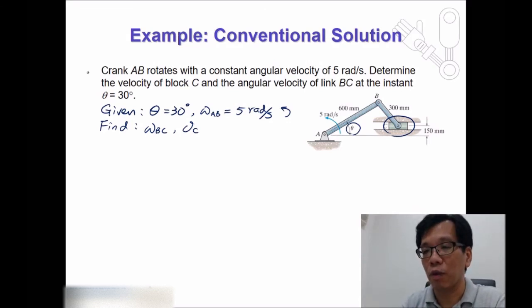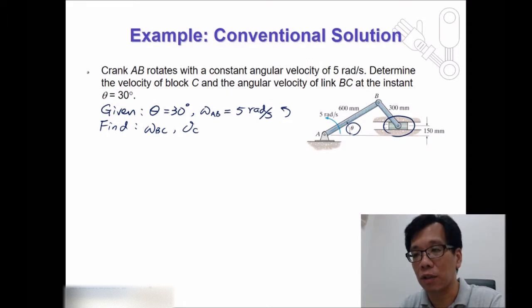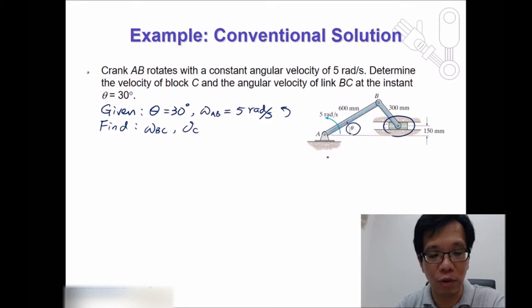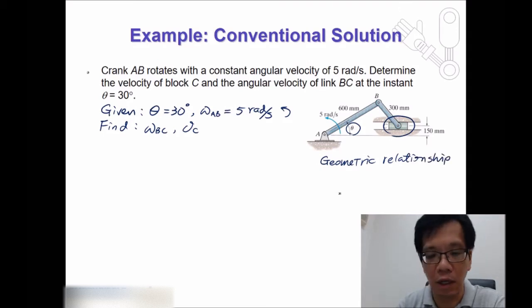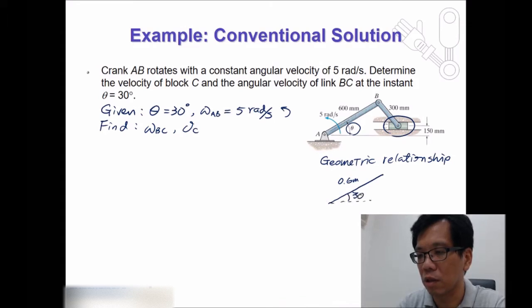Before we move on, we need to figure out the direction of bar BC at this instant. So let's do a little bit of geometry calculation. We have this bar over here, 0.6 meter, and this angle is 30 degrees.